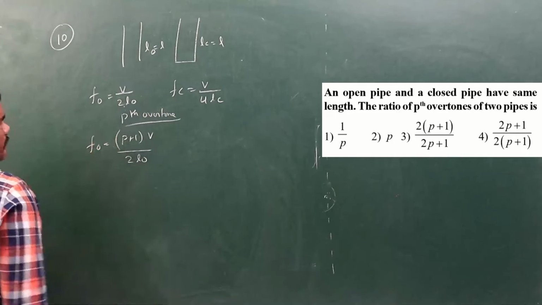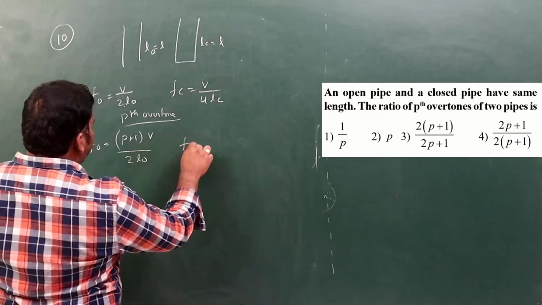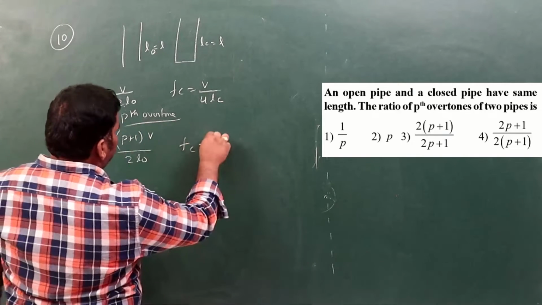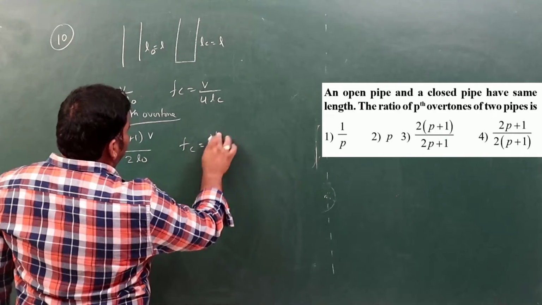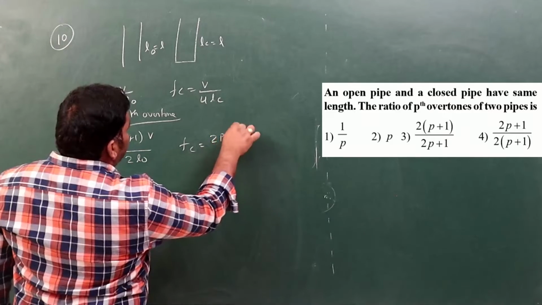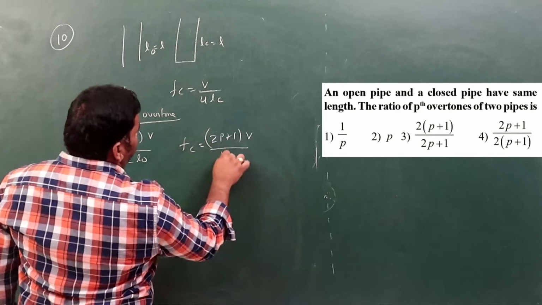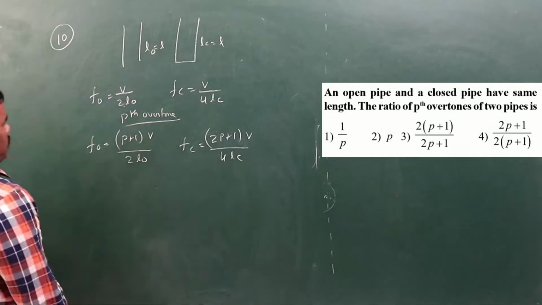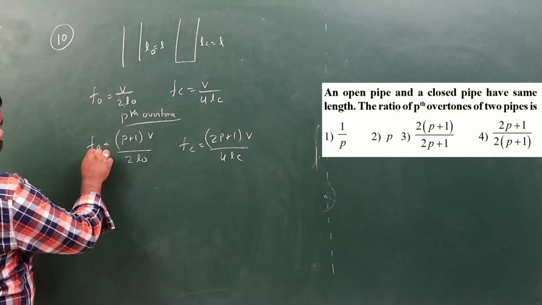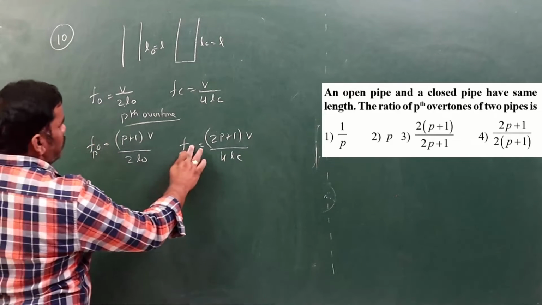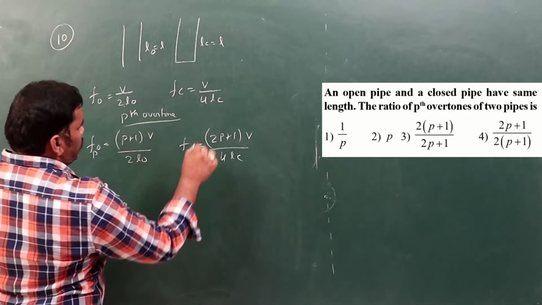Except fundamental, everything is overtone. So here FC is equal to (2P plus 1) into V by 4LC. Pth overtone of open pipe, pth overtone of closed pipe.